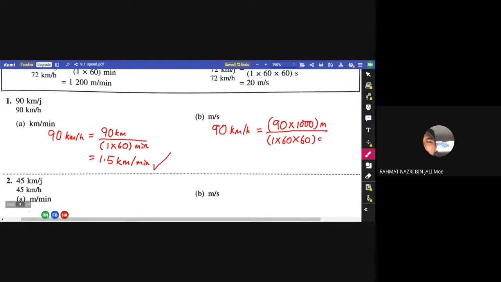Okay, now the time is in second. So we have 90,000 divided by 3600. So you just press your calculator, 90 multiply 1000 divided by 1 multiply 60 multiply 60. So what is your answer? So we have, yes, correct, 25 meter per second.